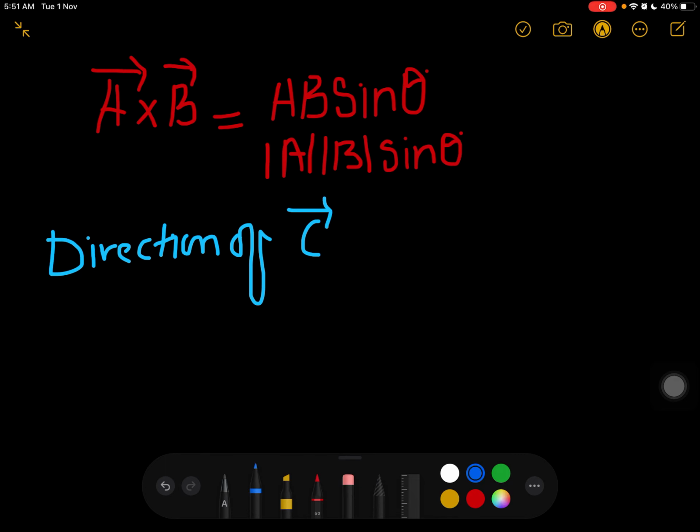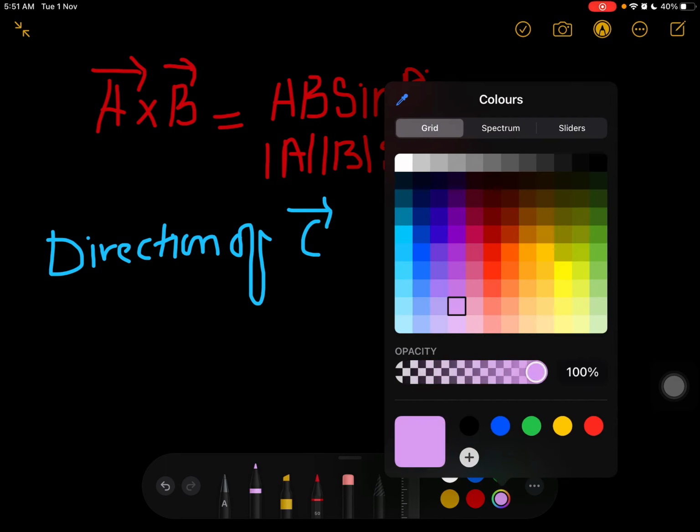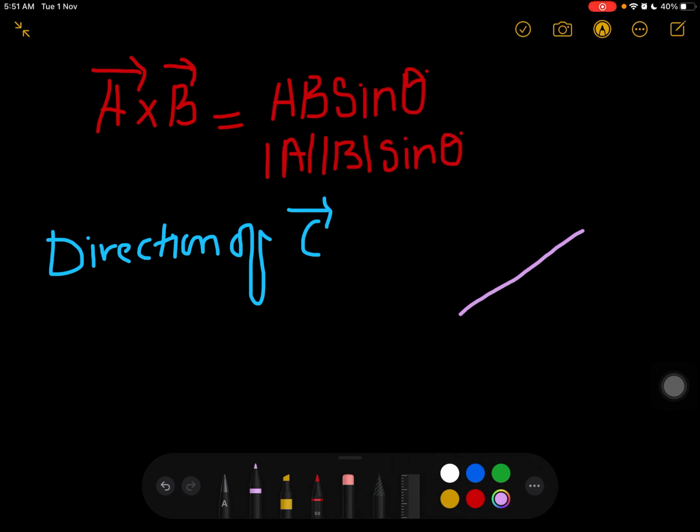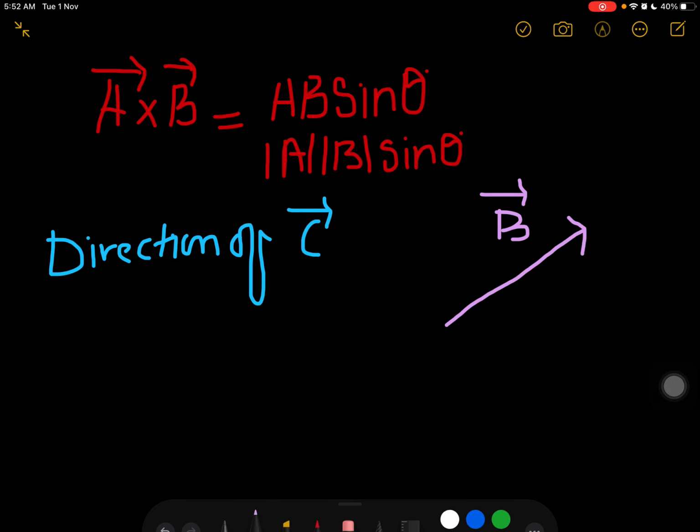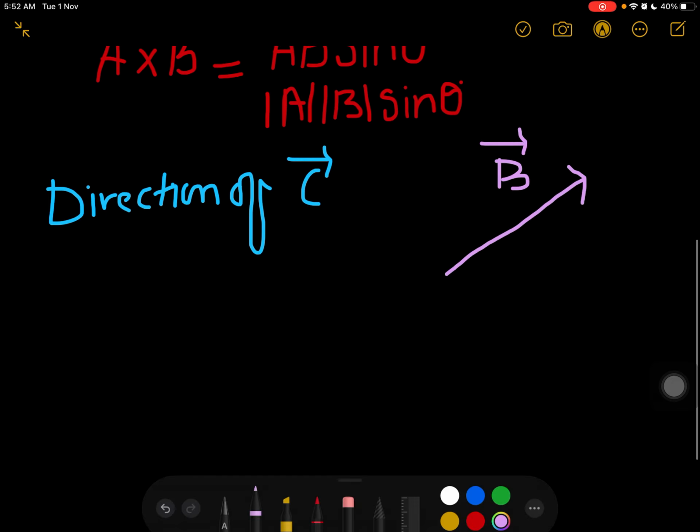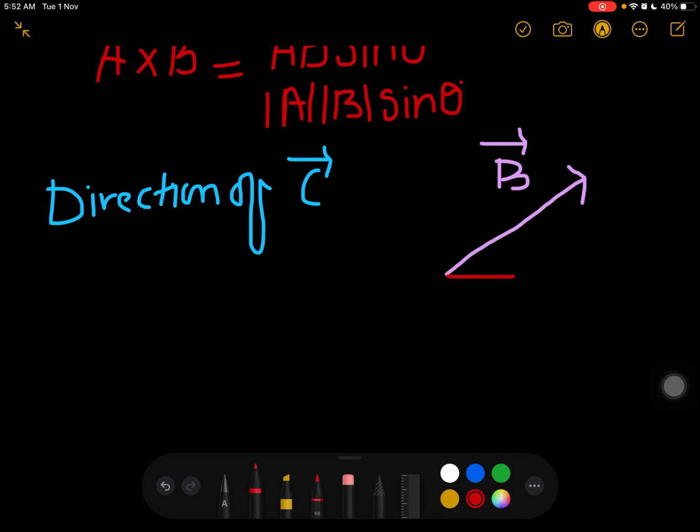So consider this is the vector B, and consider another vector which is C, and we'll draw a plane here.